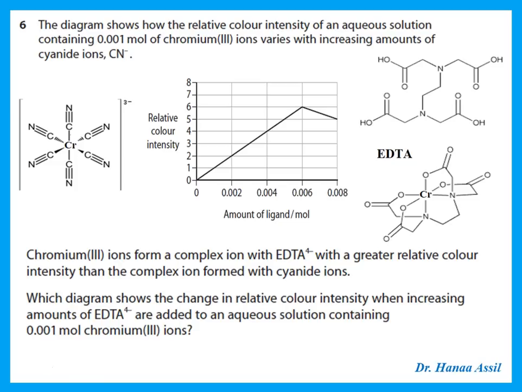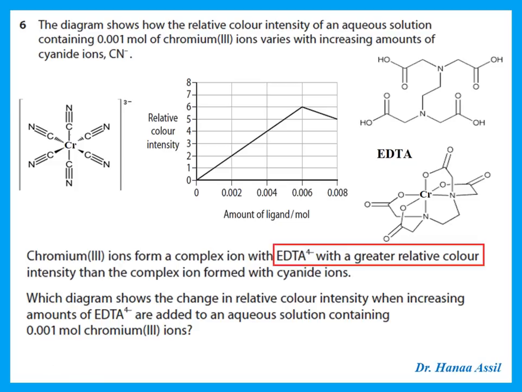Now, when we're doing EDTA, he's telling me with EDTA, first of all, we have a greater relative color with EDTA. And that means if I look at that graph for the cyanide, it is going up to relative color intensity of 6. With the EDTA, it should go above 6 because he's saying it's a greater relative color intensity than the complex ion formed with cyanide ions.